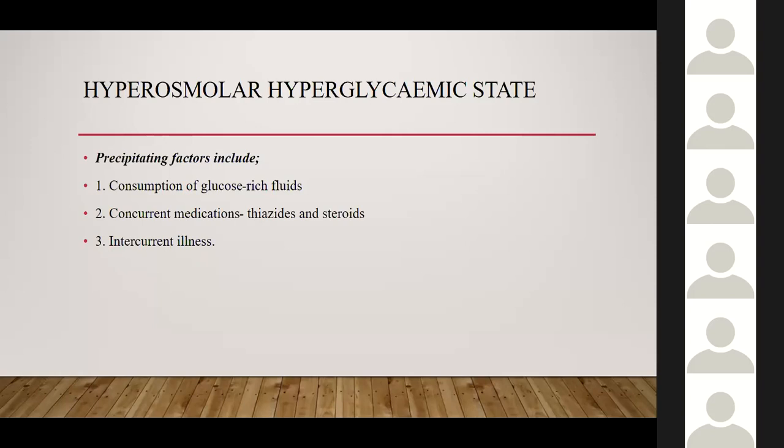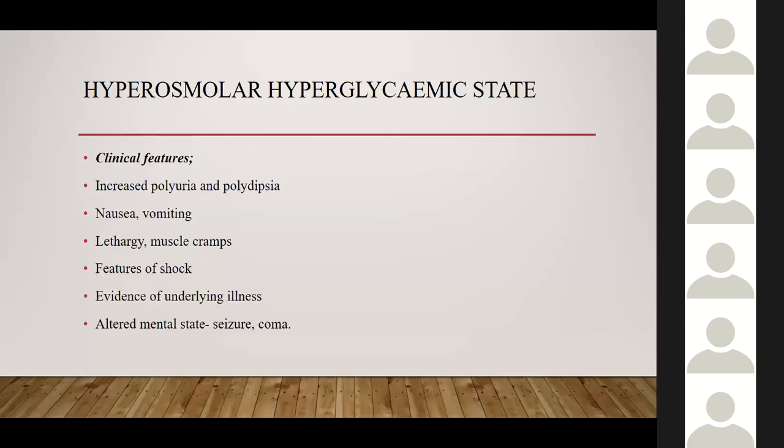So maybe you have a patient who has COVID who is on dexamethasone, you realize that sugar levels can go up, and also intercurrent illness. The features are somewhat similar, but in this case, you don't have that classic fruity smell that you get in DKA. You don't have that severe abdominal pain, but you are going to have nausea, vomiting, polyuria, polydipsia, and then you have shock, and of course, the shock can cause an altered mental state.